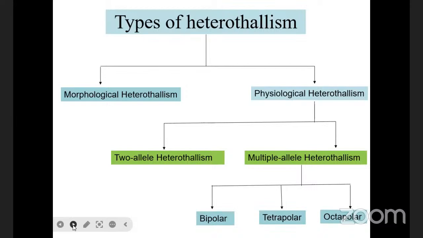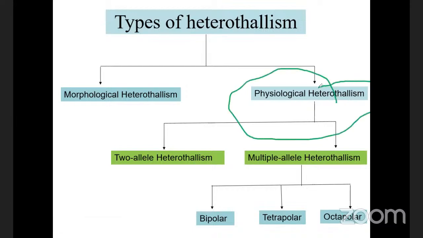And the types of heterothallism we have also discussed. Morphological heterothallism, that means there may be structural variation, and physiological heterothallism. Most heterothallism is physiological heterothallism. Morphologically they look alike. We can't differentiate whether it is male or female, but we can distinguish by their function.